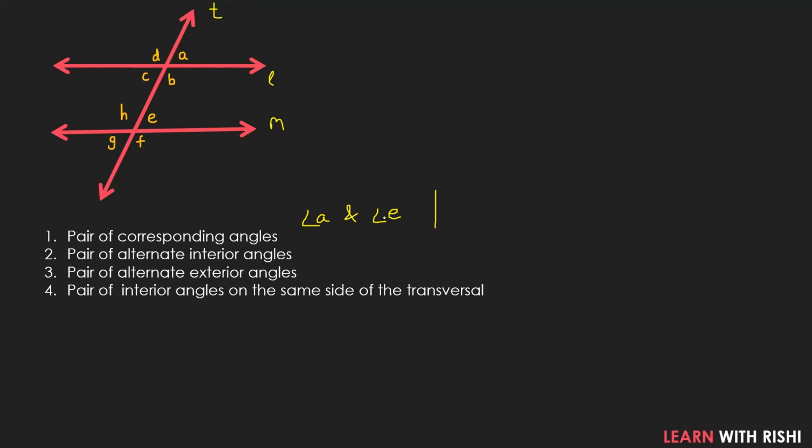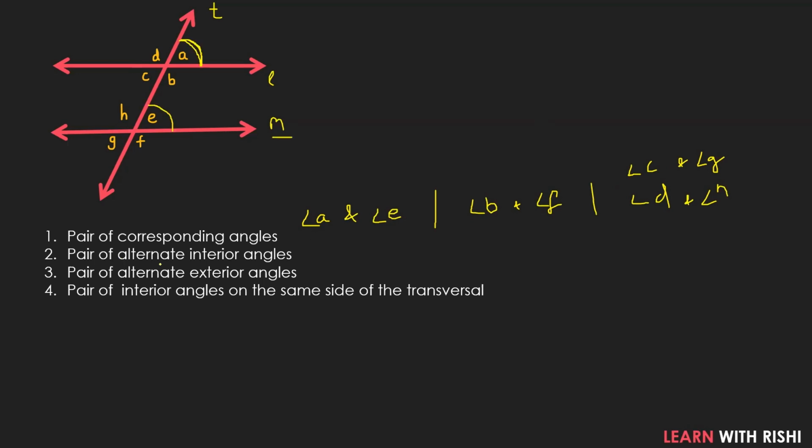First one is angle A and E. Second one I can write angle B and angle F. Third one angle C and angle G. Fourth one angle D and angle H. So I hope you understood what are corresponding angles.